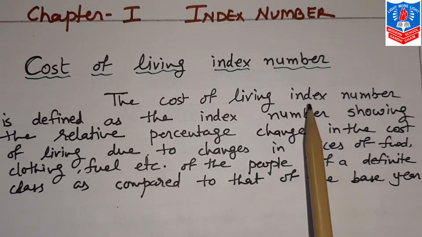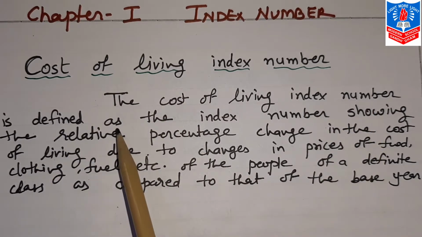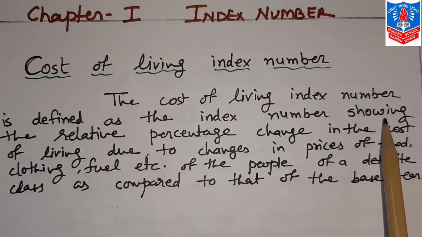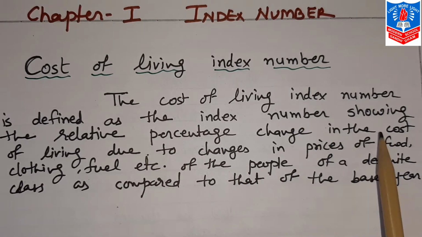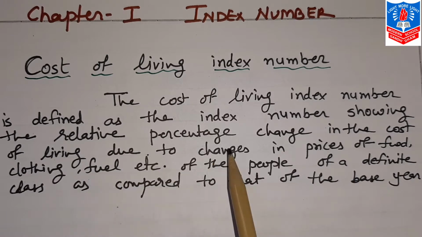The cost of living index number is defined as the index number showing the relative percentage change in the cost of living due to changes in prices of food, clothing, fuel, etc. of the people of a definite class as compared to that of the base year.